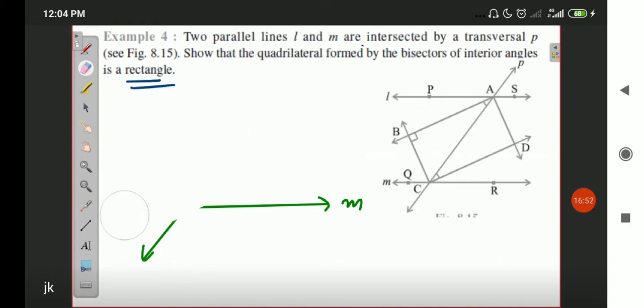That means, first of all, we have to prove that this quadrilateral is a parallelogram, and after that, we will see whether each and every interior angle is 90 degrees. If we can prove that, then it becomes a rectangle. Another way to prove that this parallelogram is a rectangle would be to prove that both the diagonals are equal. In that case also, this will be a rectangle.